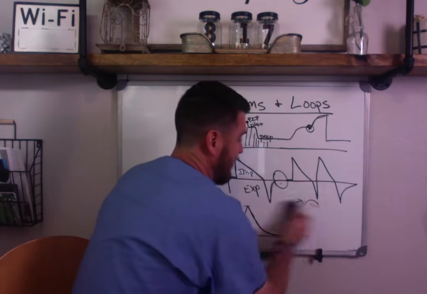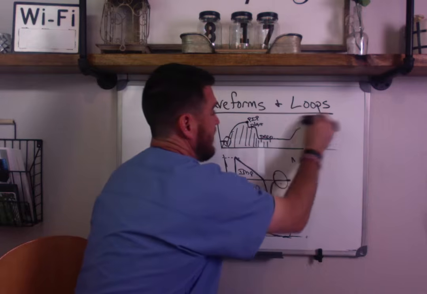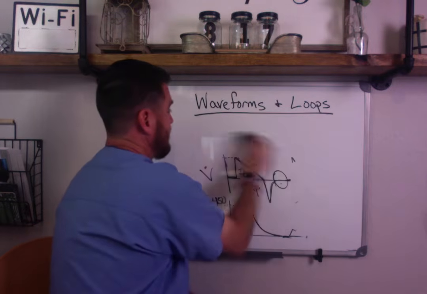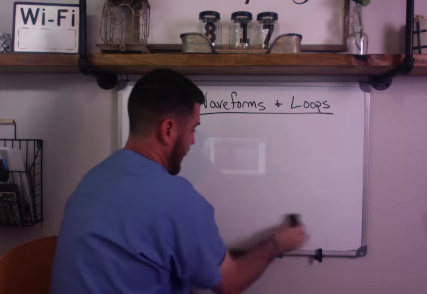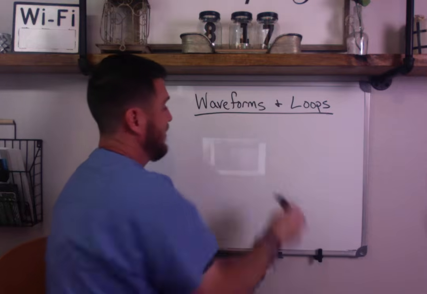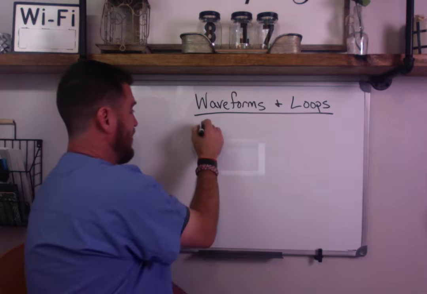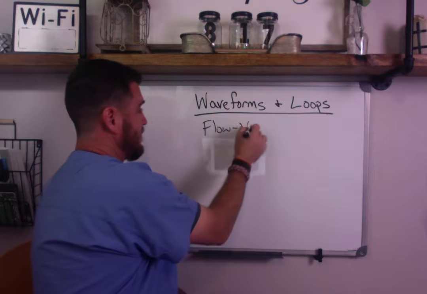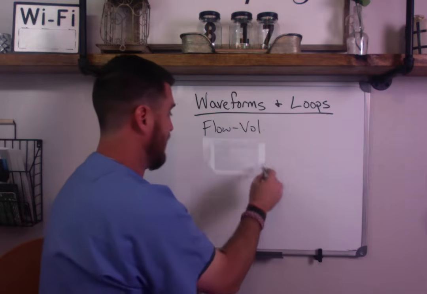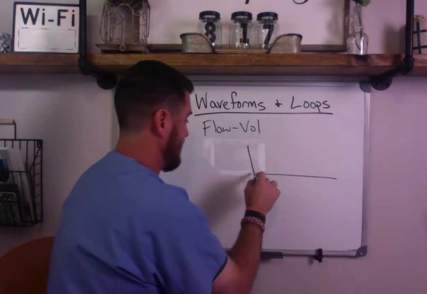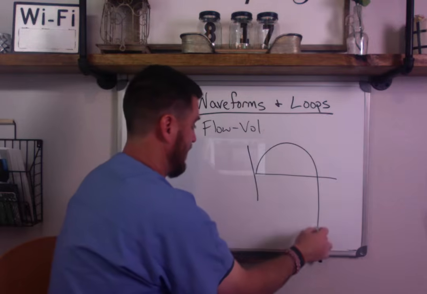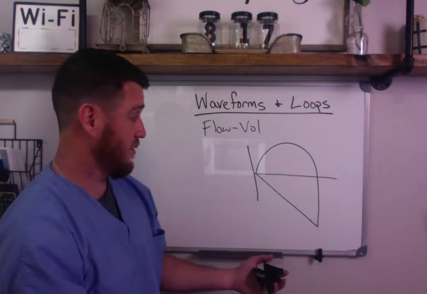Now from there, we're going to break down the loops. So I'm going to erase all this. And we have 2 loops. We have the flow volume loop. So the flow volume loop looks something like this. This is normal, okay?